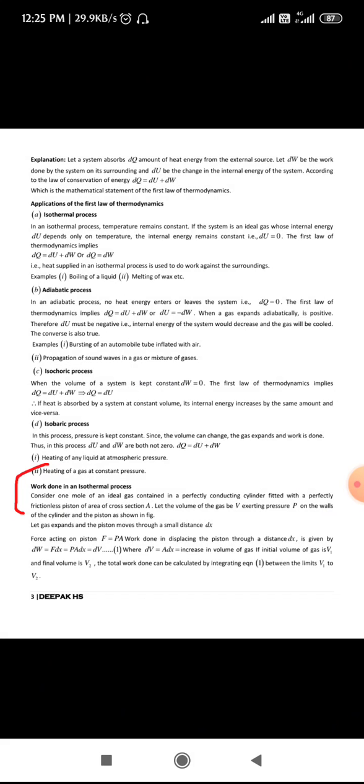As you know, if dx is the displacement, the force exerted on the piston can be written as F is equal to PA, since P is equal to F by A. Next, the work done in displacing the piston through a distance dx, which we have already derived, is dW is equal to F dx, that is equal to PA dx, that is equal to P dV.